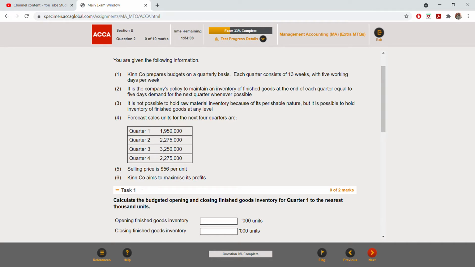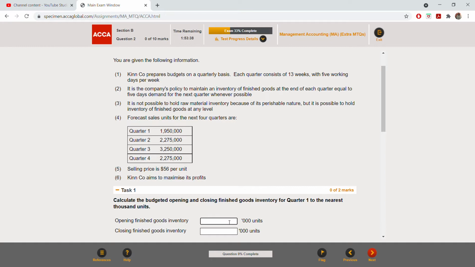So calculate the budgeted opening and closing finished goods inventory for the quarter 1 to the nearest 1,000 units, both opening and closing finished goods. So what is it? Quarter 1.